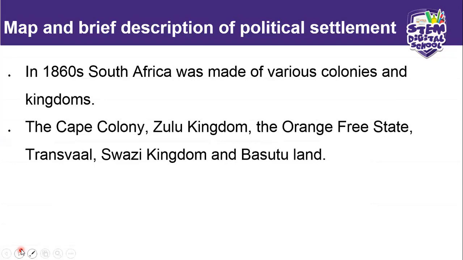It was called the Cape Colony. Zulu Kingdom, which is now known as KwaZulu-Natal. It was a Zulu Kingdom. The Orange Free State, which is now the Free State. It was called Orange Free State.